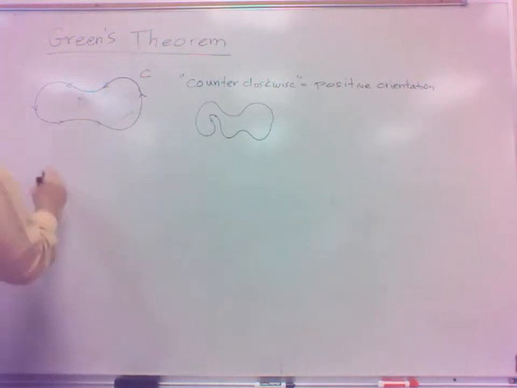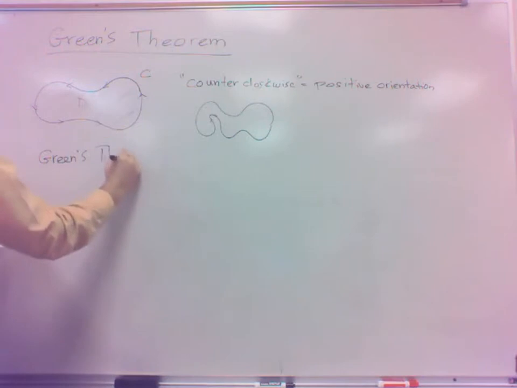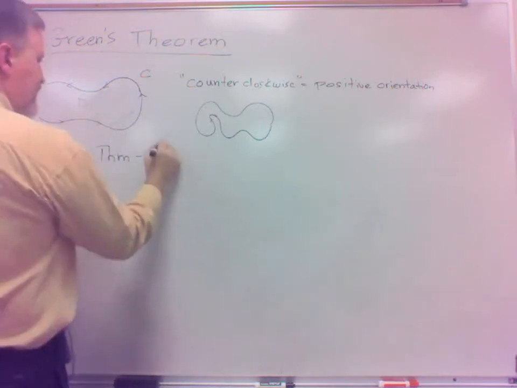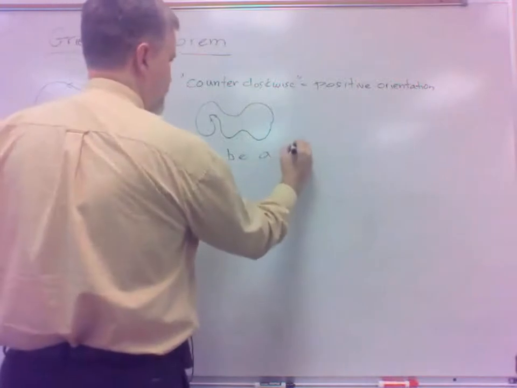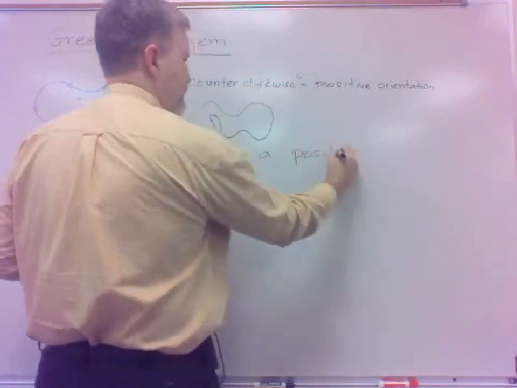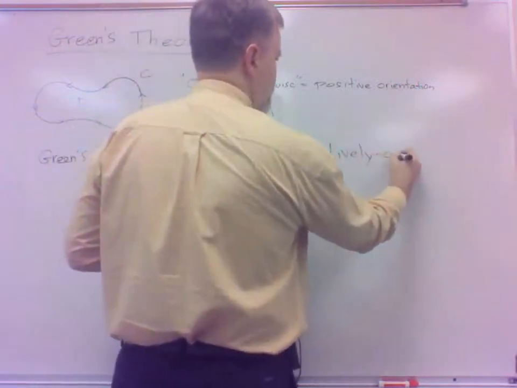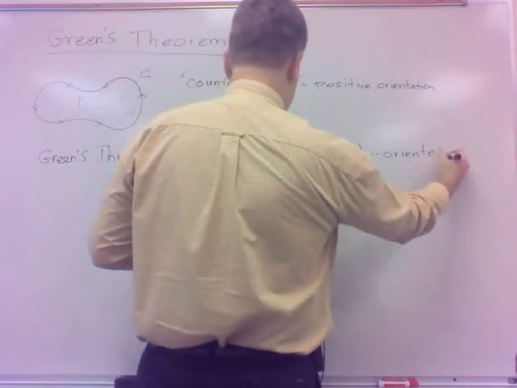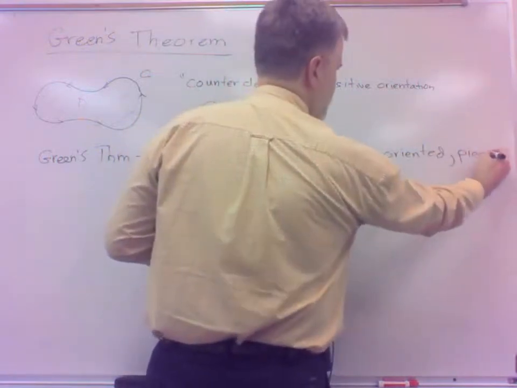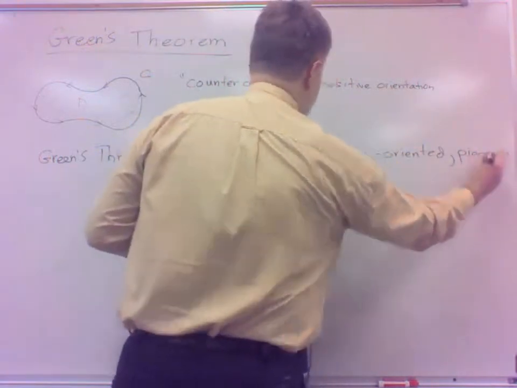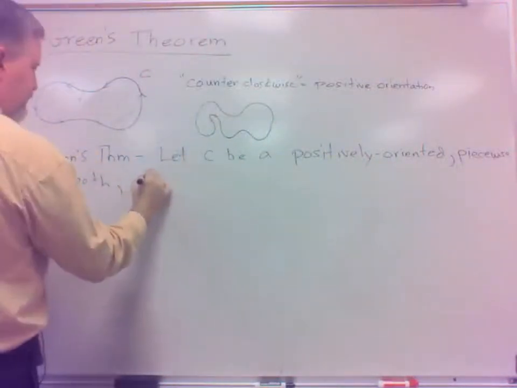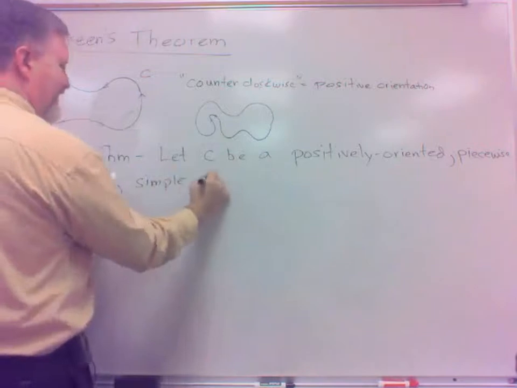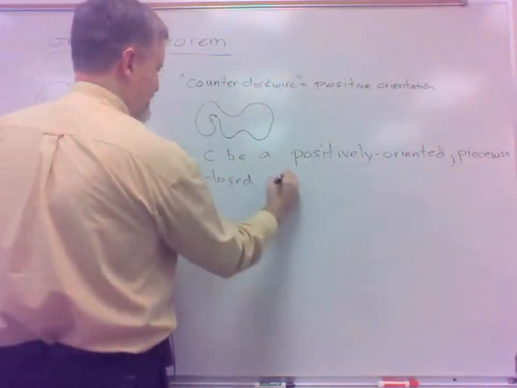All right, here's what Green's theorem says. Let C be a positively oriented, piecewise smooth, simple closed curve. It's a very nice setup here.